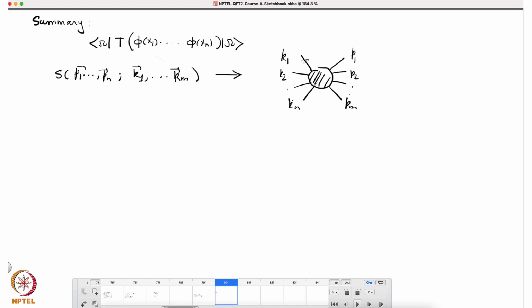Right, there are no external corrections like this here. That is what we meant by amputated Green's functions. Okay, this is what we have learned.